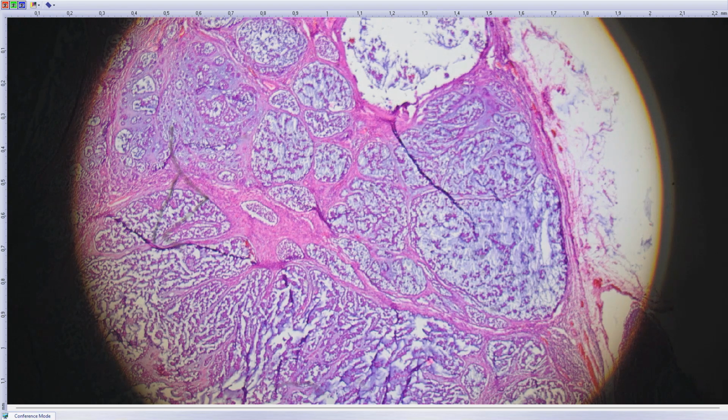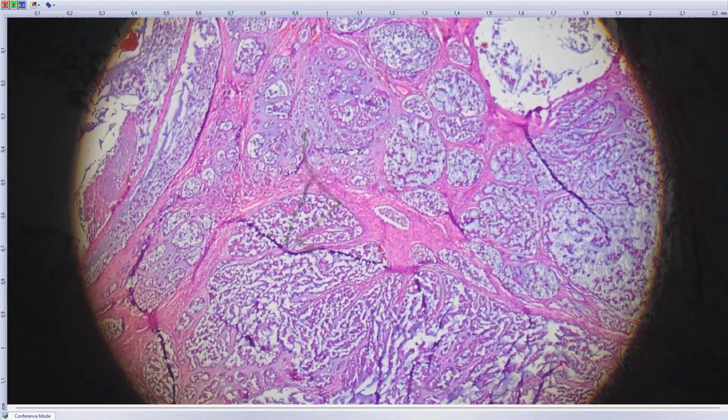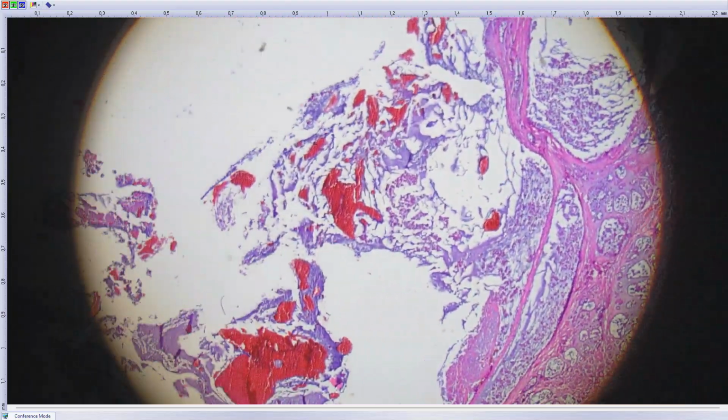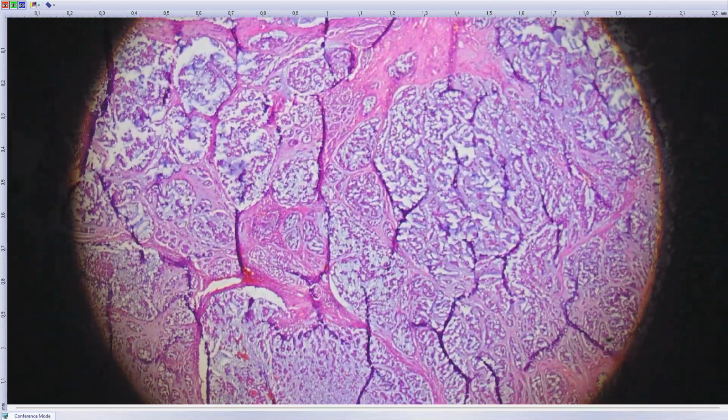A 57-year-old woman. The referring pathologist sent it as a tumor, epithelial neoplasia, that they were not very certain how to classify.